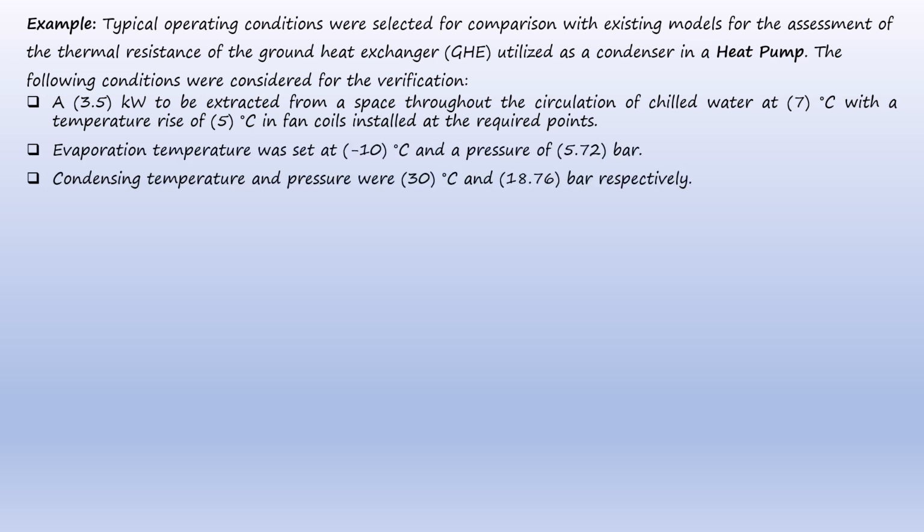The evaporation and condensation temperatures are shown in this expression: the evaporation temperature is minus 10 degrees Celsius at a pressure of 5.72, and the condensing temperature and pressure were 30 degrees centigrade and 18.76 bar respectively. Of course, these values represent the operating conditions for the refrigerant, which is R410A, circulated in this heat pump.